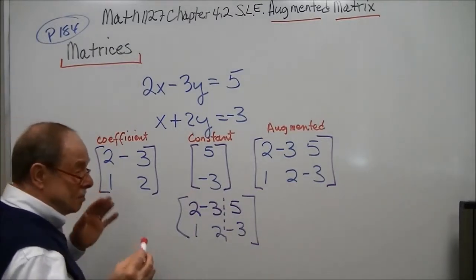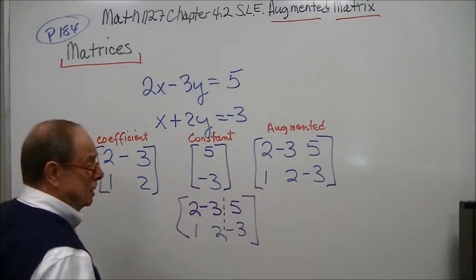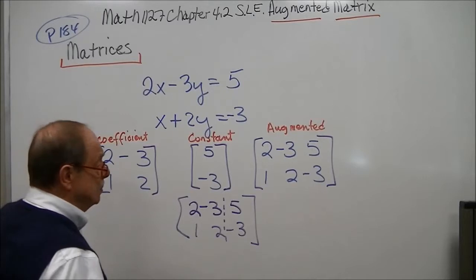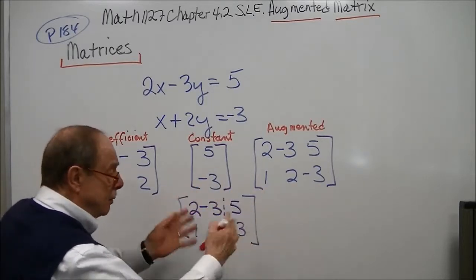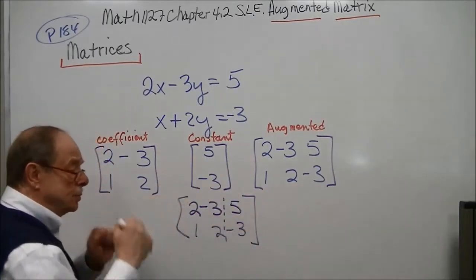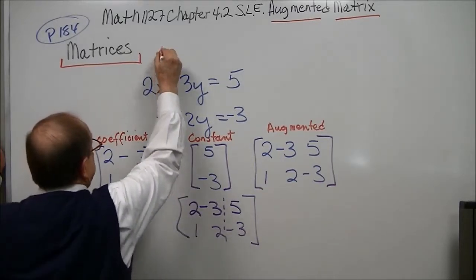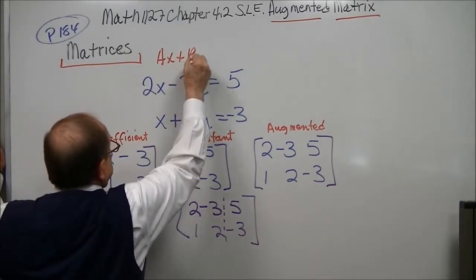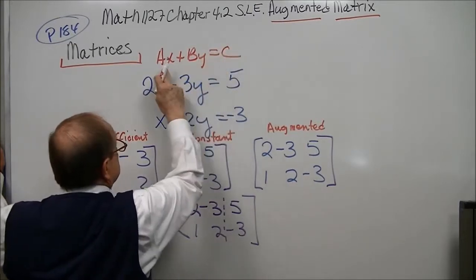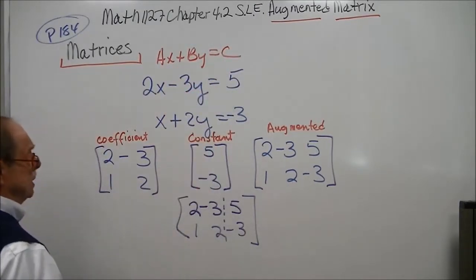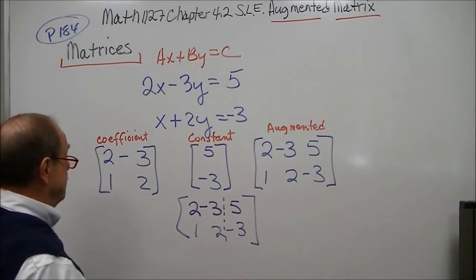So the key is it must be in standard form. That's the way you have to put it in the matrix. Sometimes they won't have it in standard form. You need to put it in standard form. And remember, that's ax plus by equals c. Now, if one of the terms is missing, you just put a 0 there.